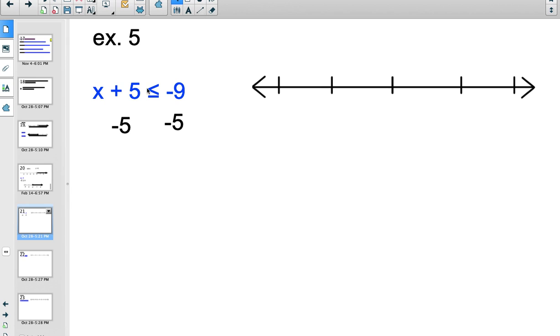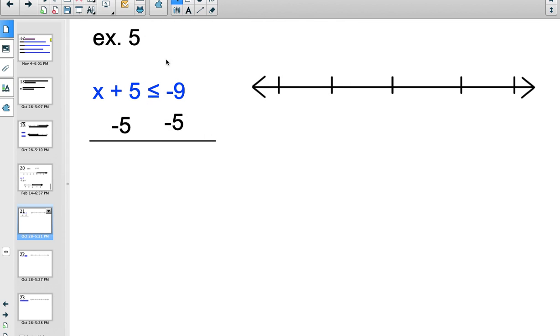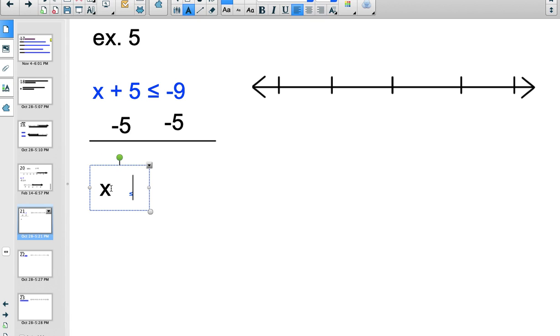And then you're going to clean it up. All right, so what are we left with? We're left with x is less than or equal to, well, now we're going to have -14 on this side.